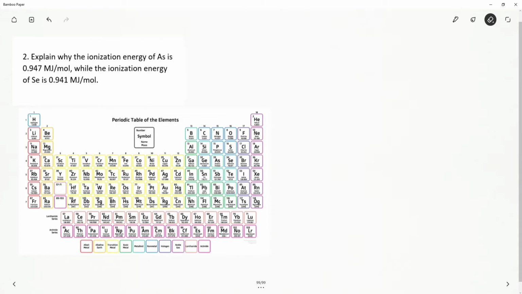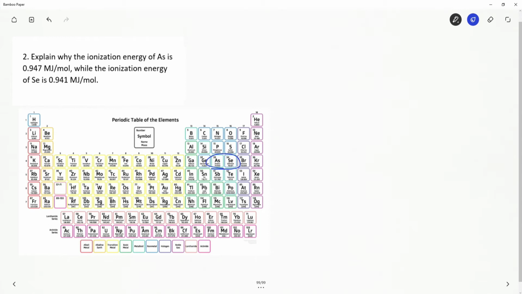Problem number 2 asks us to explain why the ionization energy for arsenic is 0.947 megajoules per mole, while the ionization energy of selenium is 0.941 megajoules per mole. So I am going to find arsenic and selenium on the periodic table here.